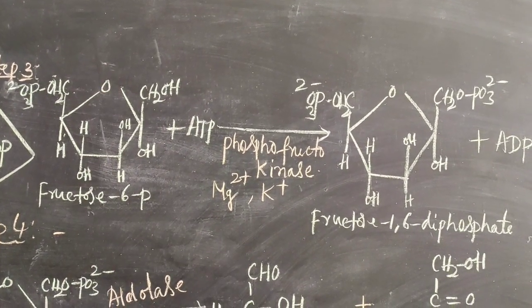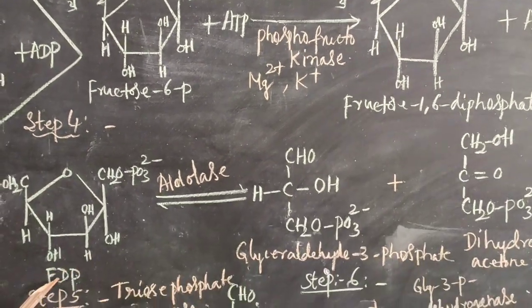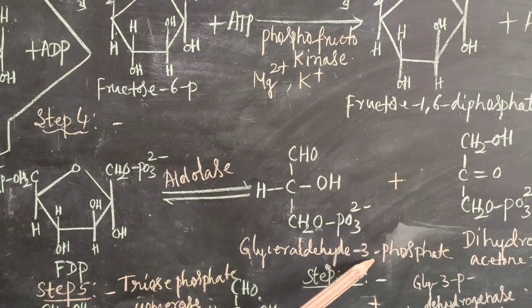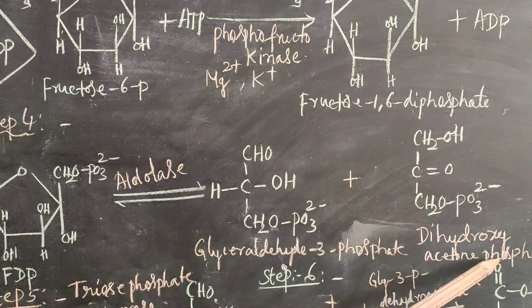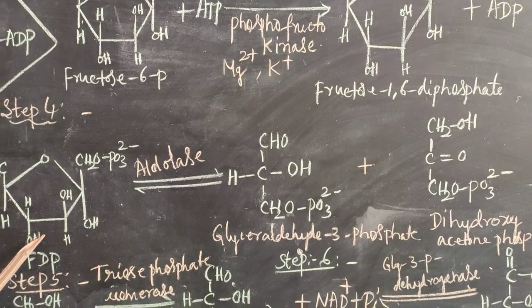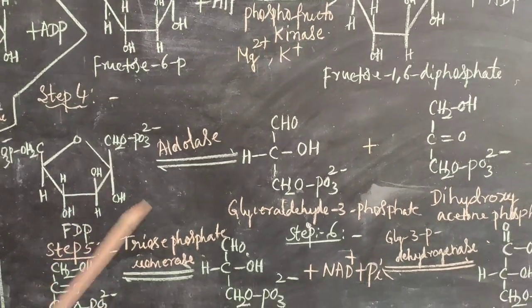In the next step of glycolysis, step number 4, fructose 1,6-diphosphate is converted into glyceraldehyde 3-phosphate and dihydroxyacetone phosphate, DHAP. So here a 6-carbon sugar molecule splits into two 3-carbon sugars.